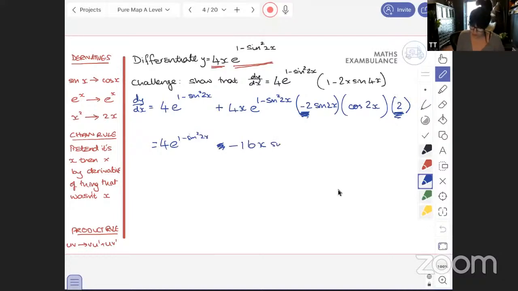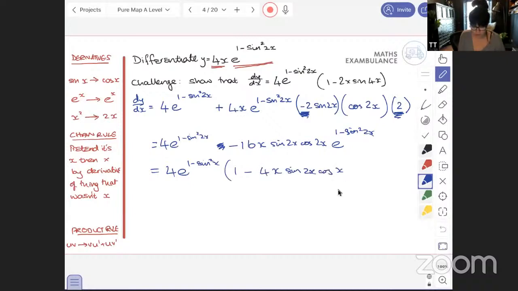Then I've got sine 2x cos 2x. Then I've got e to the minus 1 minus sine squared 2x. So I'm going to pull out the 4 and I'm going to pull out the e to the 1 minus sine squared 2x. And then in the brackets, I'm going to have 1 minus 4x sine 2x cos 2x, which I think is where everybody got to who was trying that hard bit.